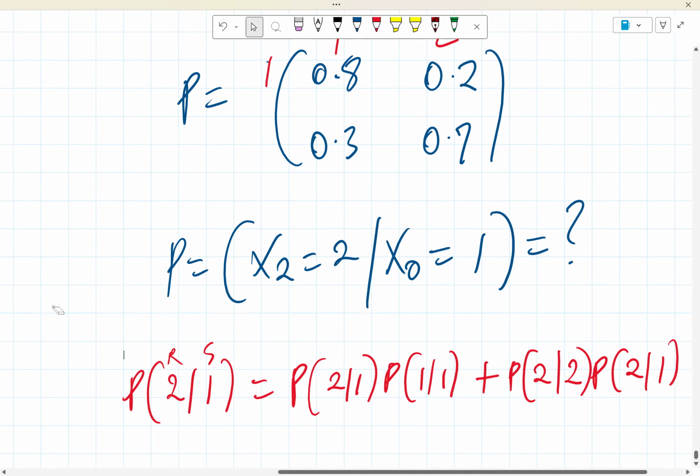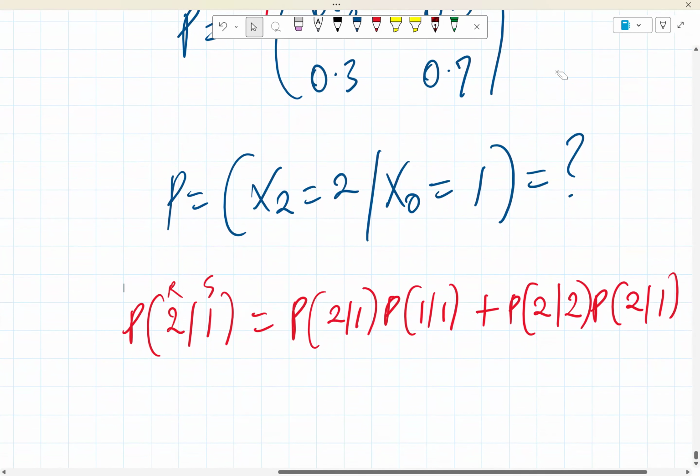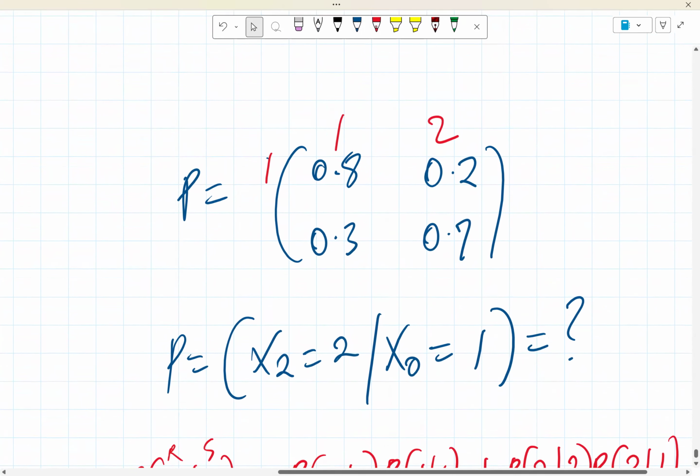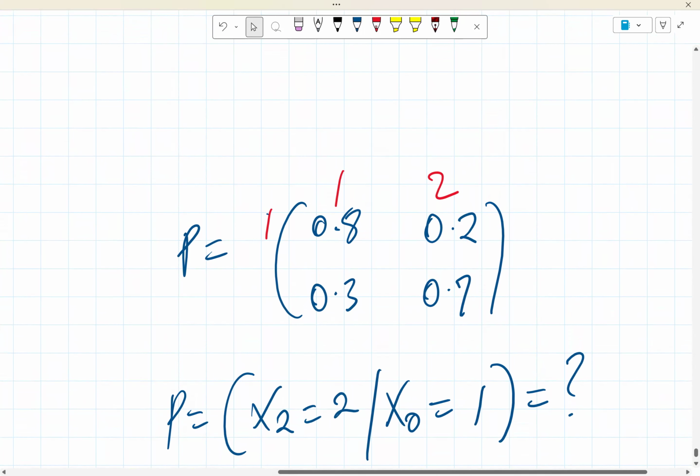So now that all of that is in place, then we can fix the values. So we then have this to be probability 2 given 1. Okay, this is 2 right here.